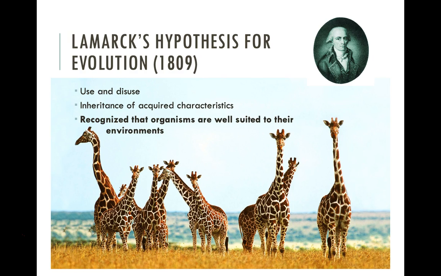He recognized that organisms had very specific traits that made them fit for their environment. Unfortunately, he was thinking about acquired characteristics, and traits that you acquire over a lifetime are not passed on to the next generation. The reason is that traits that are going to be passed on have to have a genetic basis. They have to be coded in the DNA somehow.